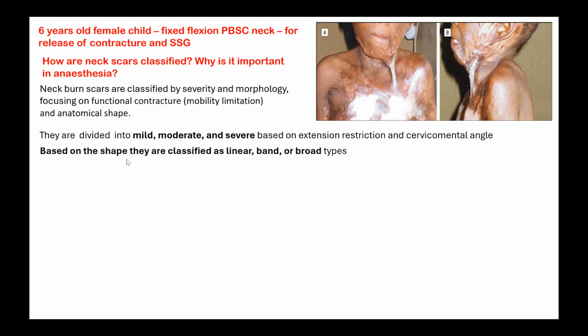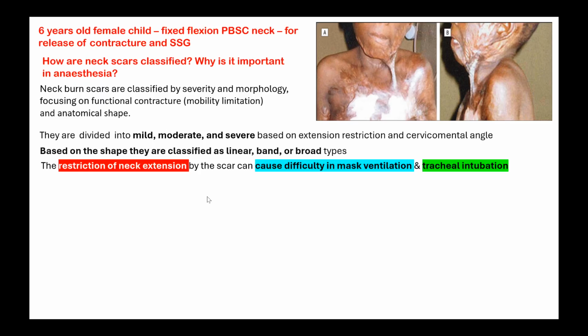Based on the shape, they are classified into linear scars, band scars, or broad scars. Okay, so this is something like a linear scar, or they can be like a band scar or a broad scar. And the restriction of neck extension by the scar can cause difficulty in both mask ventilation and tracheal intubation. And that is the reason why we should know about this classification. Now, how to secure the airway in this case?